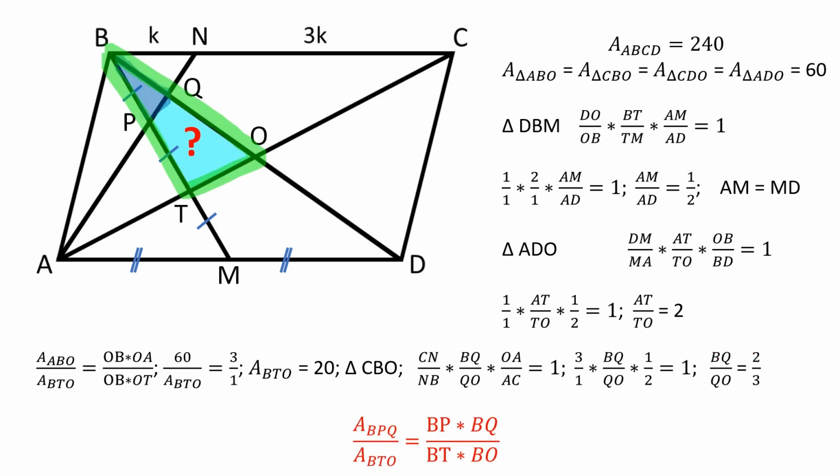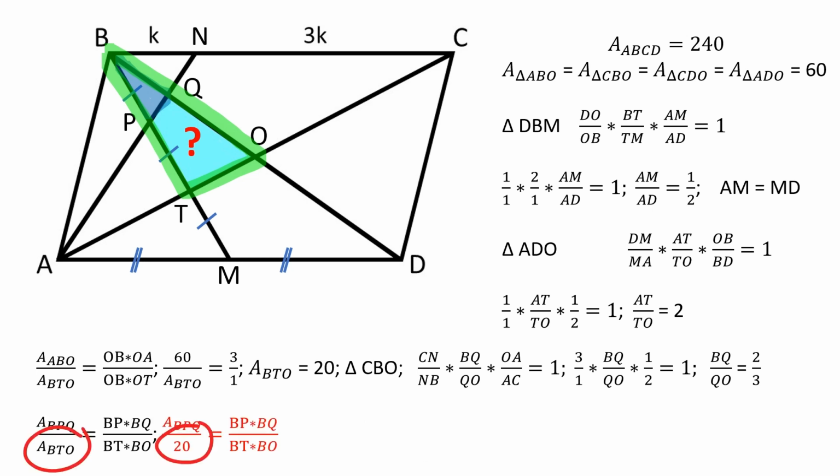The area of the triangle BPQ over the area of the triangle BTO is equal to the product of BP and BQ over BT and BO. The area of the triangle BTO is equal to 20 square units.